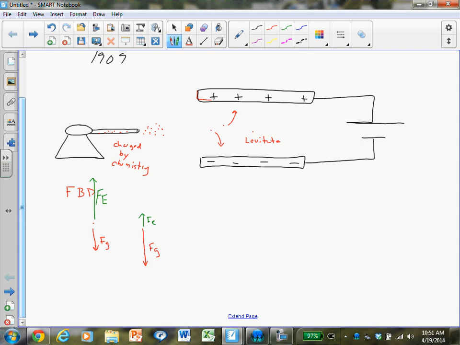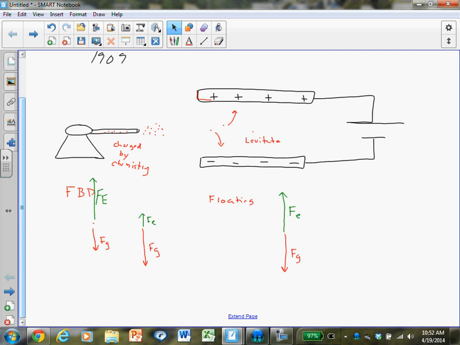Some had the floating ones where the Fg equaled the Fe. And they looked at these and they knew the density of the oil and they could estimate the volume from the spheroidal shape of it, and from that they could determine the mass.